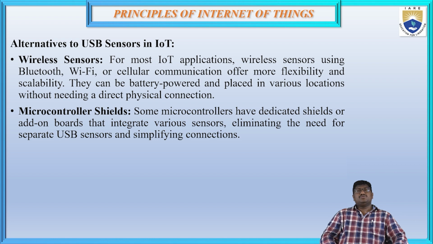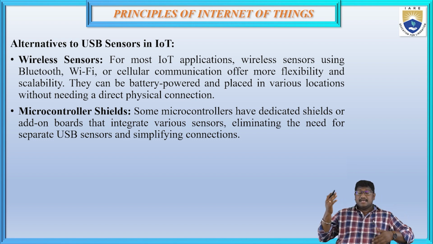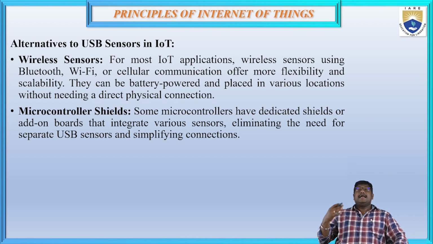As I told you, Bluetooth, Wi-Fi, cellular communication, all these are wireless sensor networks. With the help of these, it is more flexible and we have more scalability compared to USB devices. Here it is battery powered and can be placed in various locations without needing any direct physical connection between the sensor and the computer system.